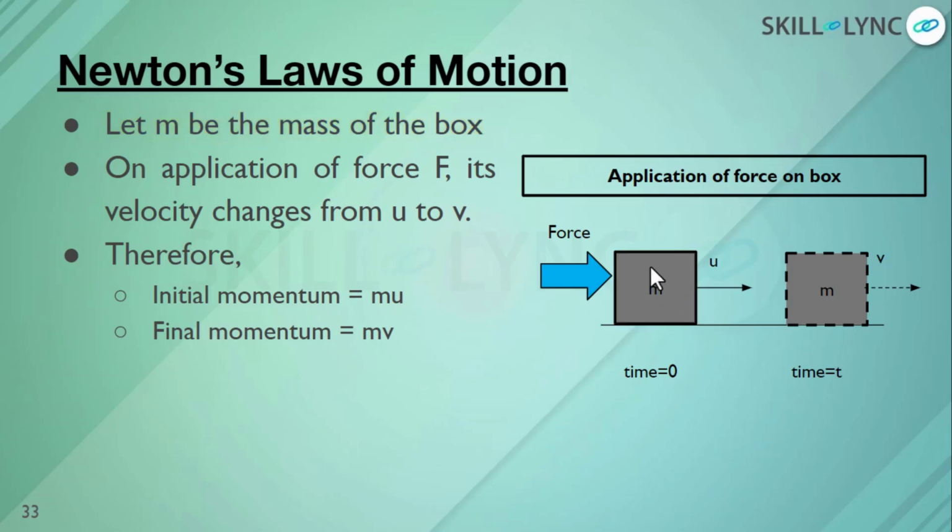Here, this is the box of mass m, moving with a velocity u, and at time t equals 0, its velocity is u. When a force is applied from the horizontal direction, the box will attain a velocity of v at time t.